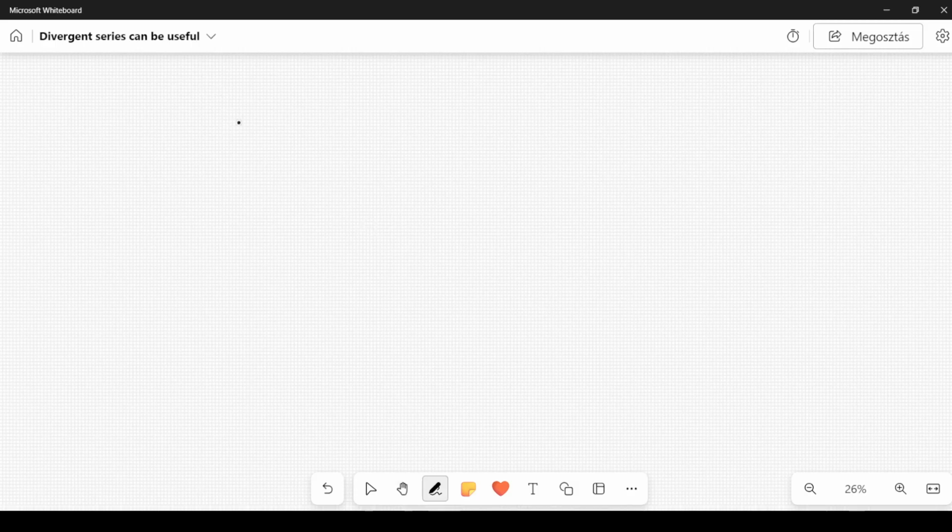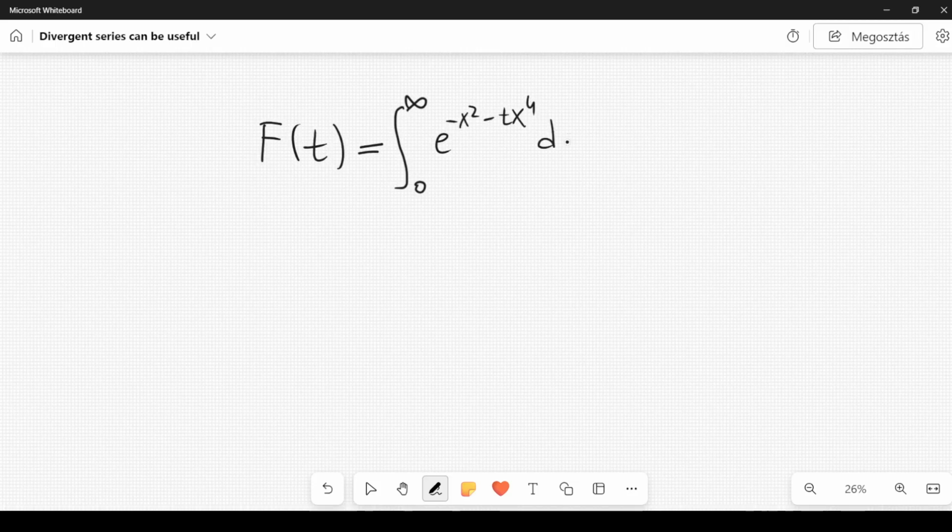We start from a function that I define as a function of a parameter that I call t, and I define it as an integral of the following form: integral from 0 to infinity of the exponential of minus x squared minus t x to the power 4, dx.